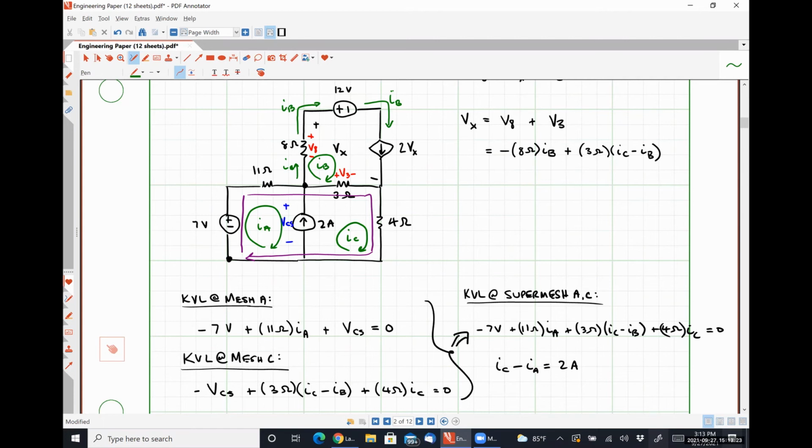So it's similar to a homework problem I think you guys had. It was a single node pair problem where you had a current IZ direction down and a current source that was like 0.25 Vx direction up, and you had to write an equation, and it wound up being IZ is equal to negative that.